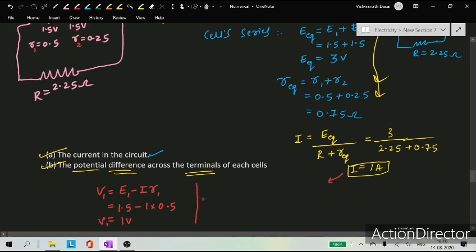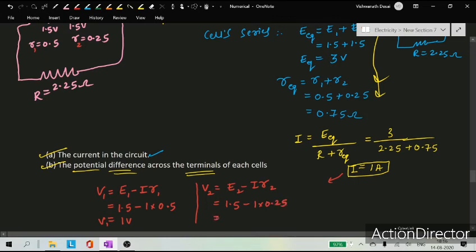Next, potential difference across the other cell, which is equal to E2 minus I R2. The same current is flowing through that cell also. So what is E2 here? Same 1.5 minus the current value which is 1, and the R2 value which is 0.25.